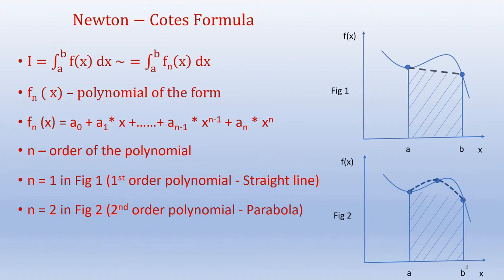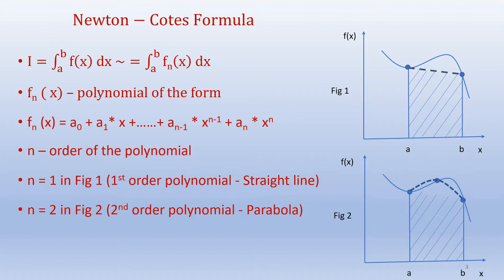So the general representation of the Newton-Cotes formula is given below. I equals integral a to b f of x dx, where f of x is the function we want to integrate. We approximate it using a polynomial of the form fn of x.